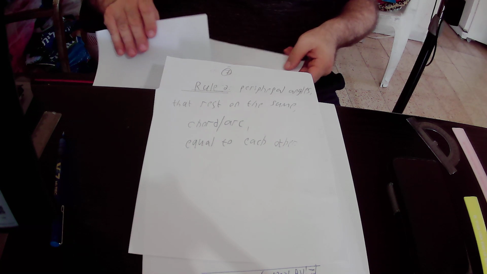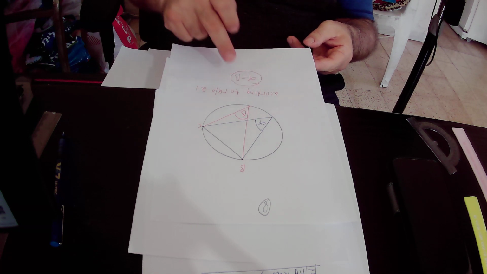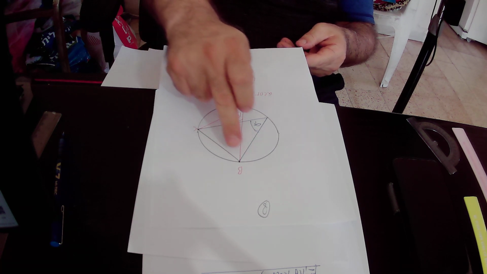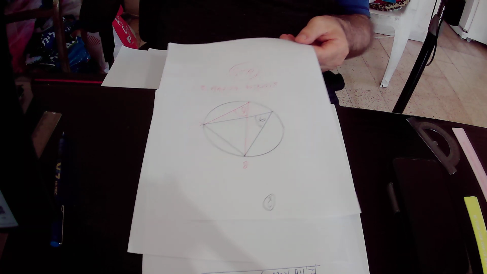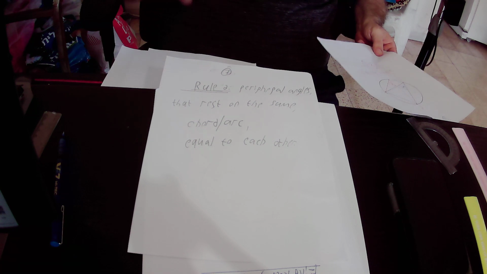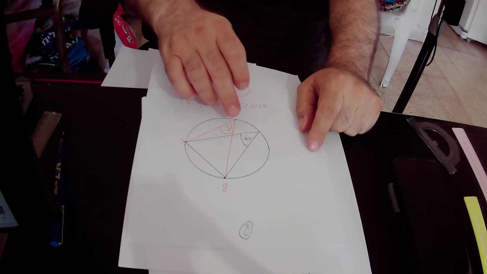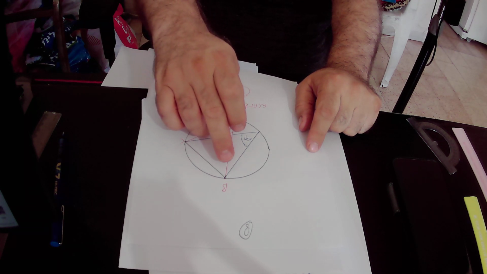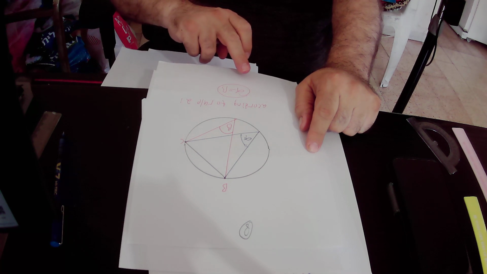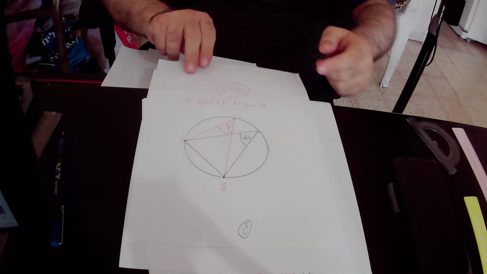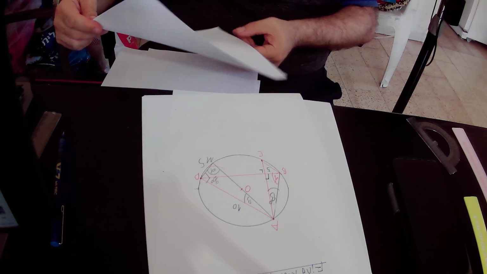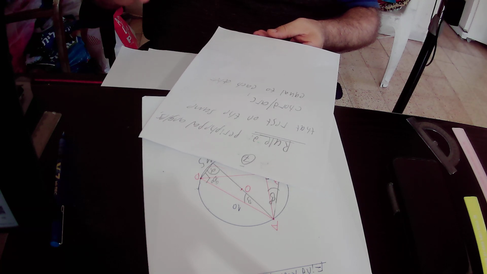So if we have two peripheral angles, alpha and beta, that both rest on chord BC, then according to rule number 2, alpha equals beta. Okay, so that is rule number 2: peripheral angles that rest on the same chord are equal to each other.